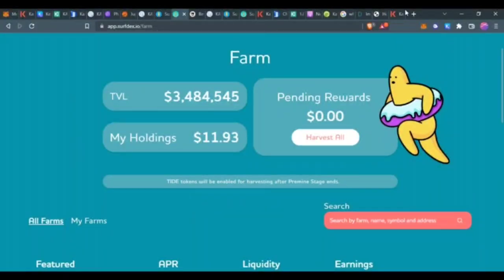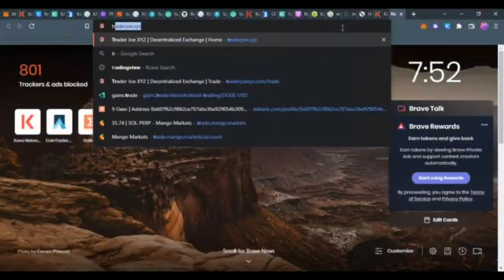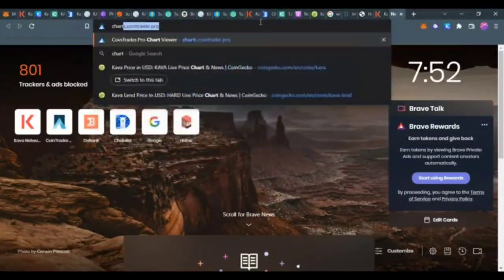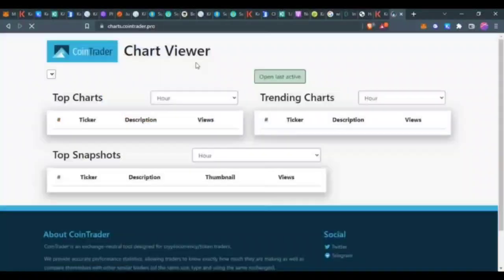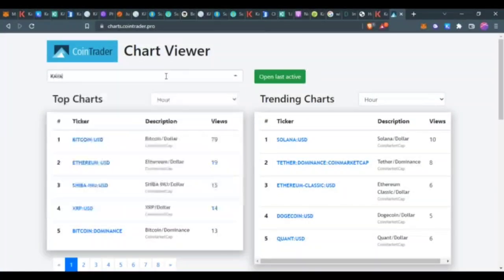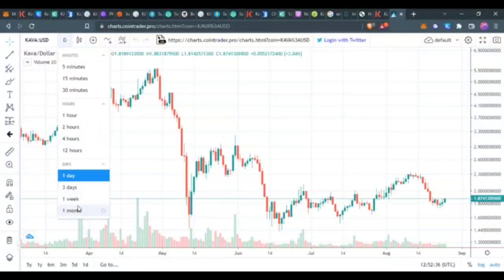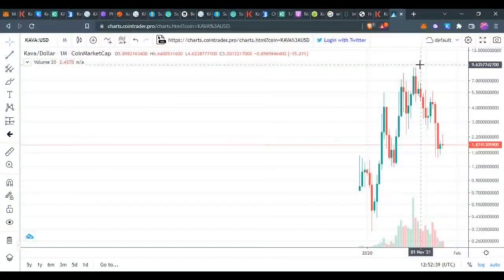Now, before we get out of here, I want to take a look at, let's see if they got the right prices here, though. Take a look at Kava and look at what type of upside potential we have there. Let me see what is it, 187. So that's about the right price.